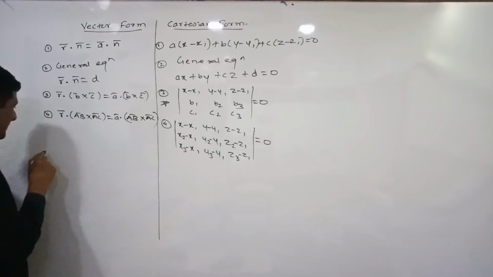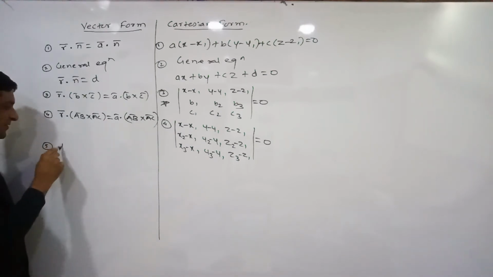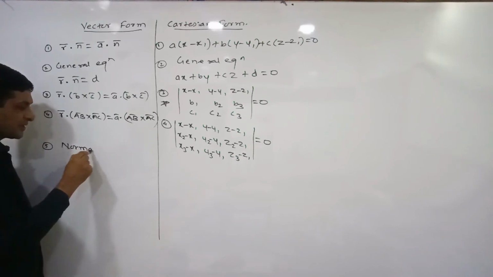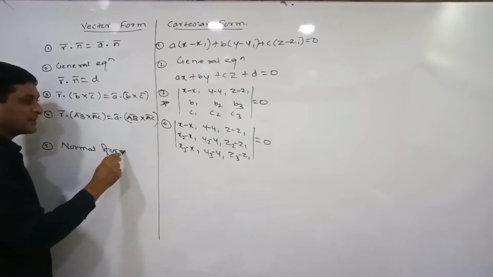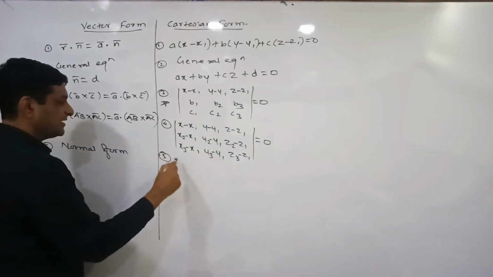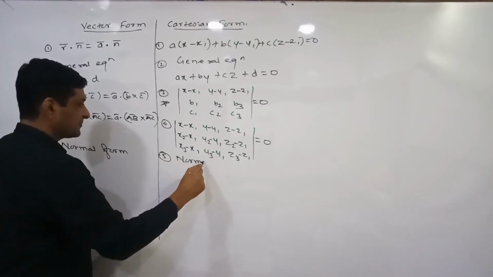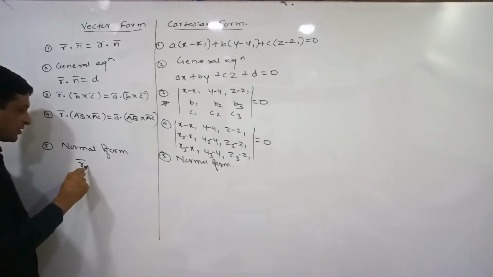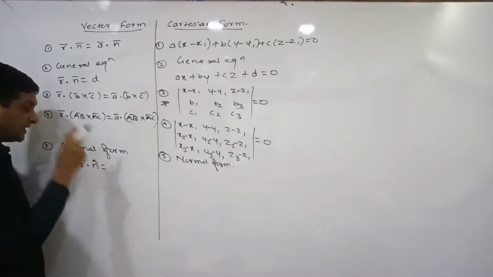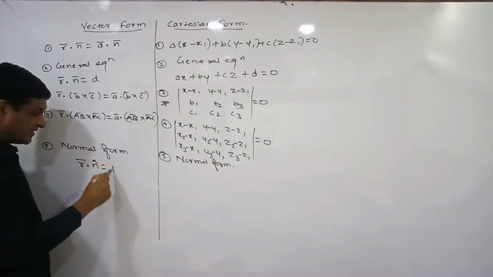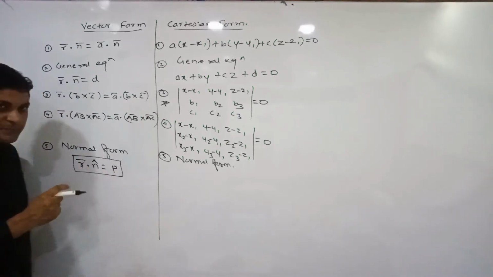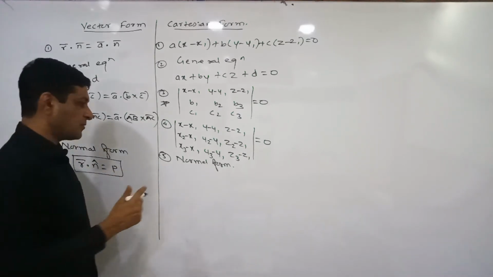And the fifth important result is the normal form, meaning the vector equation of plane in normal form or Cartesian equation of plane in normal form. What is that formula? R bar dot n cap is equal to P, where P is the distance of the plane from the origin and n cap is a unit vector along the normal to the plane.